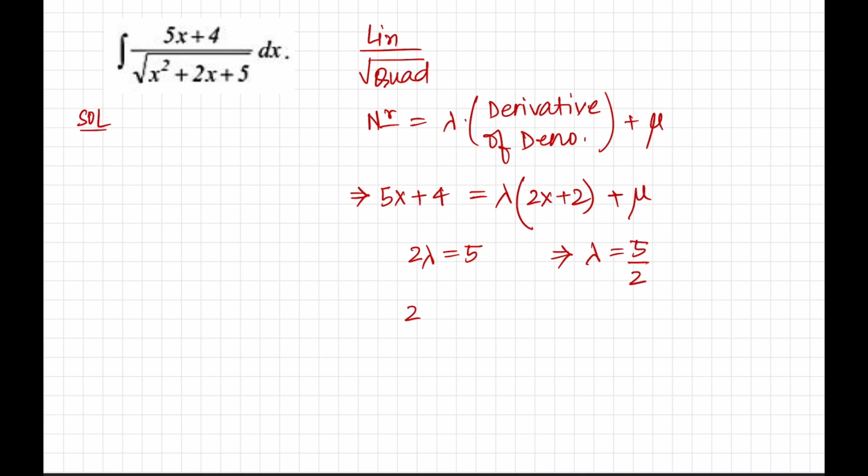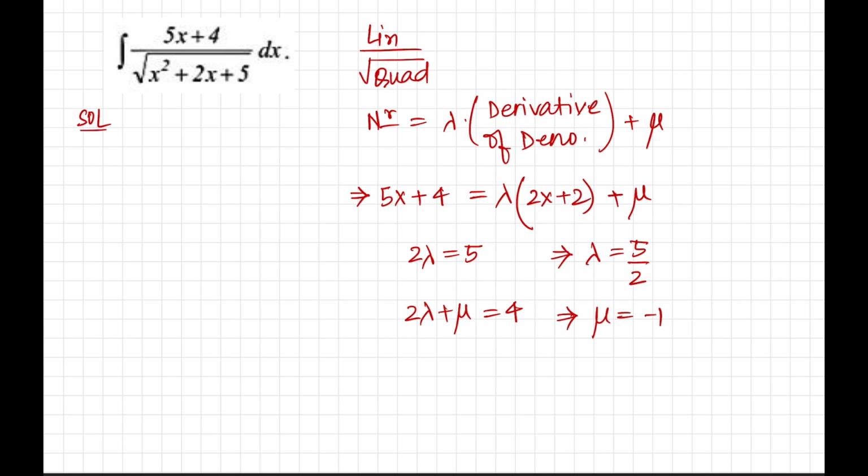And similarly, 2 lambda plus mu is the constant on the right hand side, and this is equal to 4. Since we know 2 lambda is equal to 5, we get mu is equal to 4 minus 5, and that is equal to minus 1. So we got the values of lambda and mu.